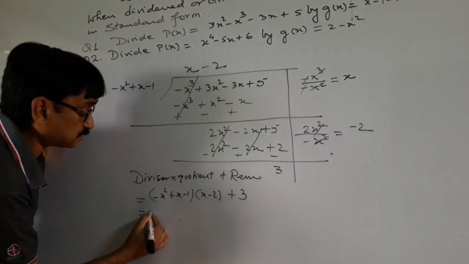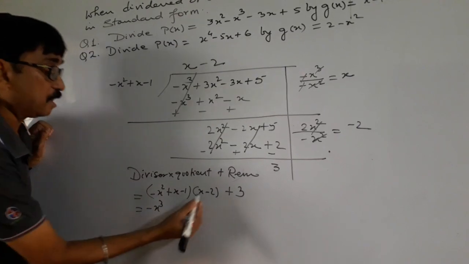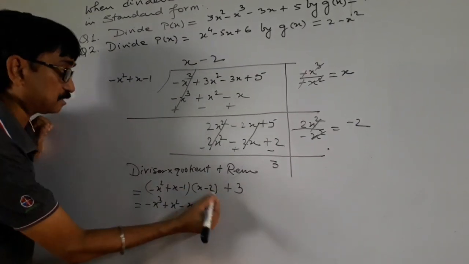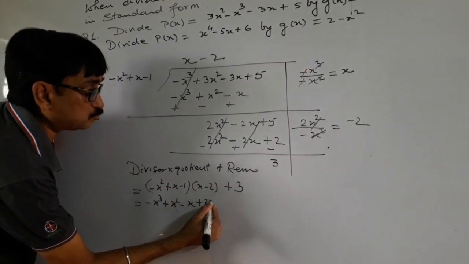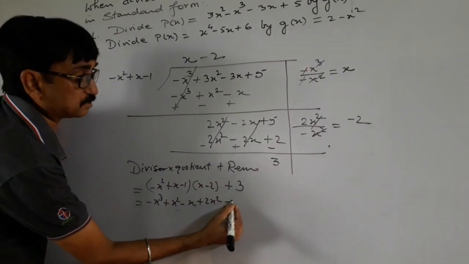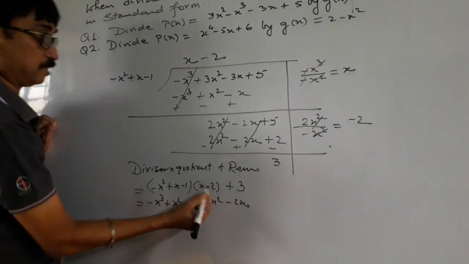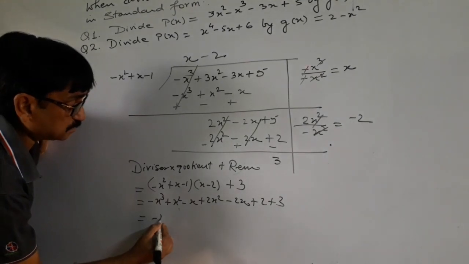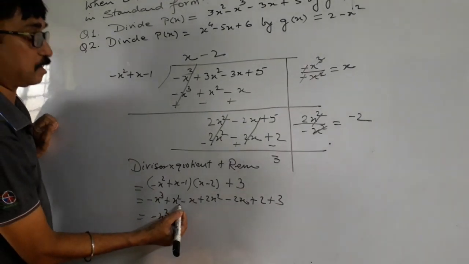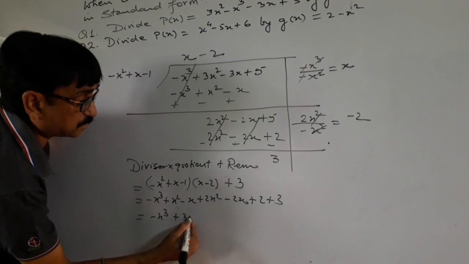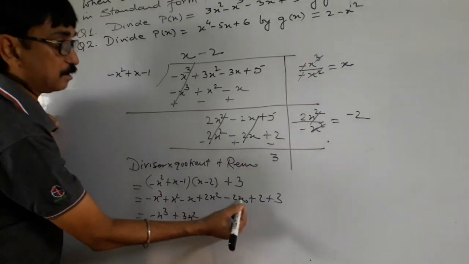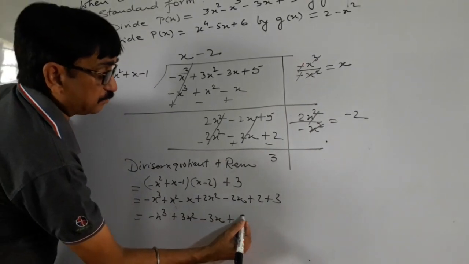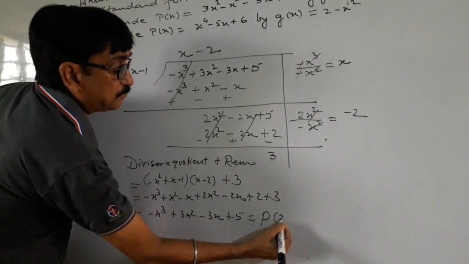Now x into minus x square is minus x cube, x into plus x is x square, x into minus 1 is minus x, minus 2 into minus x square is plus 2x square, minus 2 into x is minus 2x, and minus 2 into minus 1 is plus 2, and plus 3. So minus x cube plus x square plus 2x square gives us 3x square, minus x minus 2x is minus 3x, and 2 plus 3 is 5, which equals our dividend.